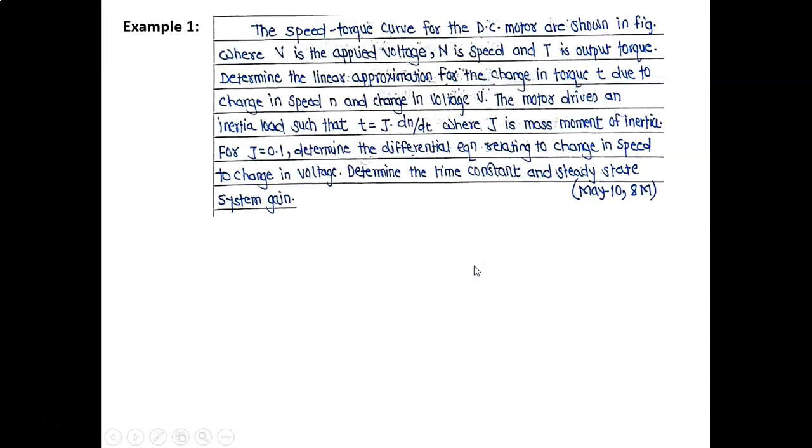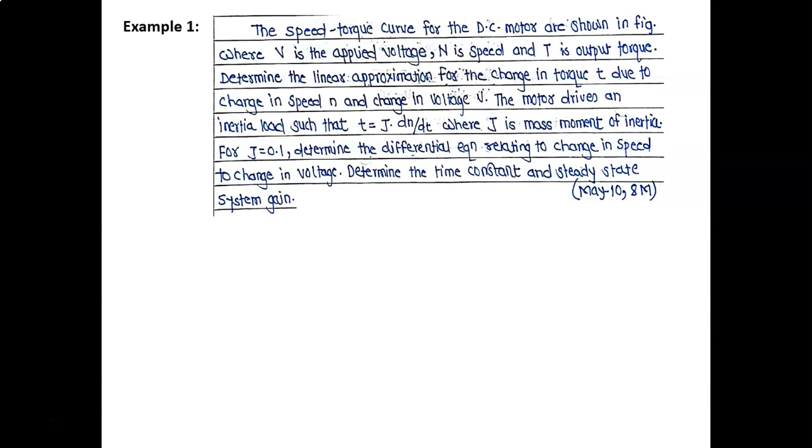I will read. The speed torque curves for the DC motor are shown in the figure, where V is the applied voltage, N is the speed, and T is the output torque. Determine the linear approximation for the change in torque small t due to change in speed small n and change in voltage small v.